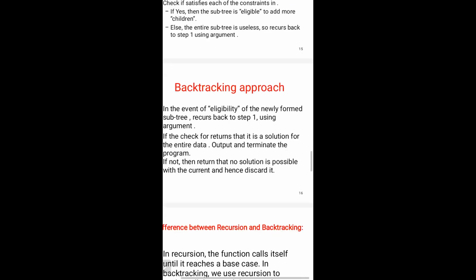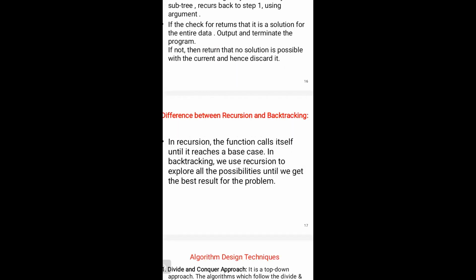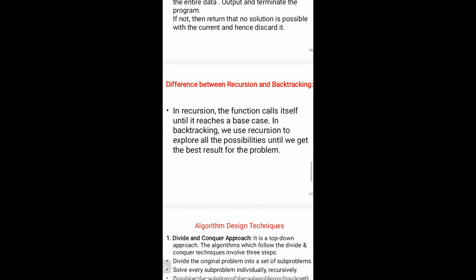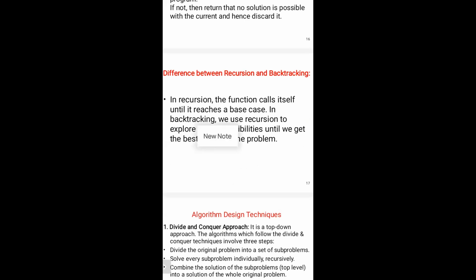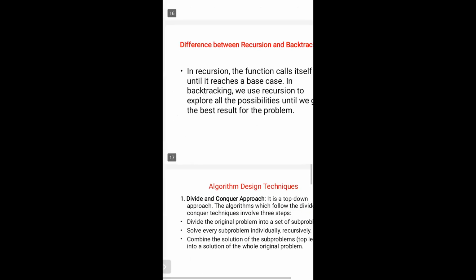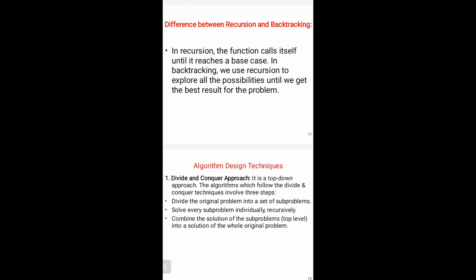So, what is the difference between recursion and backtracking, since we are using the recursion concept in backtracking? In recursion, the function calls itself until it reaches a base case.